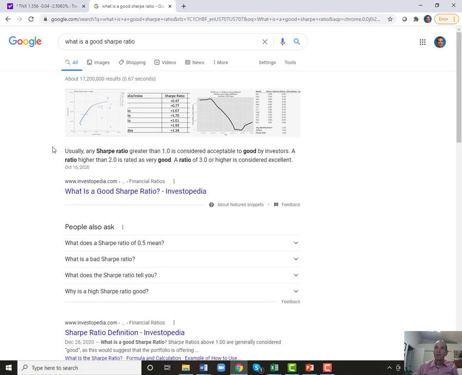So you'll see all kinds of things that come up. You get some good pictures. What is a good Sharpe ratio? What is a bad Sharpe ratio? What does a 0.5 mean? So this is really simple stuff that you can look up on your own.